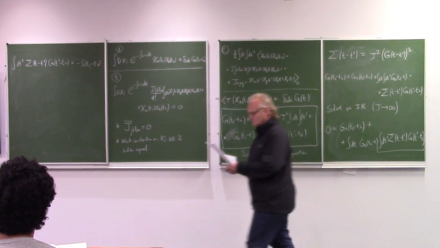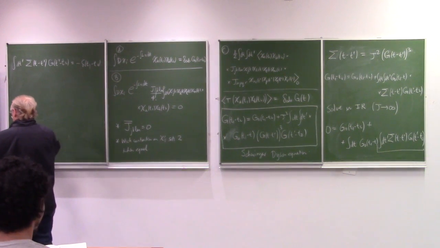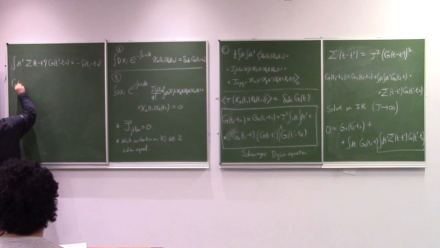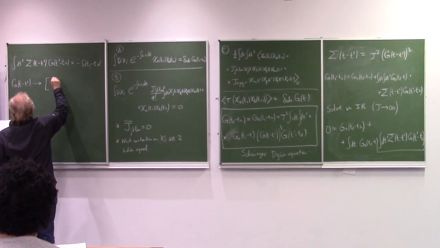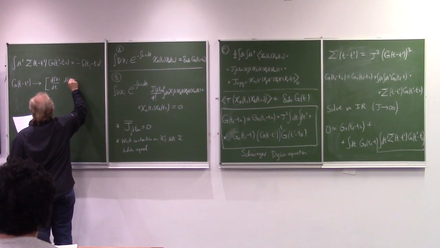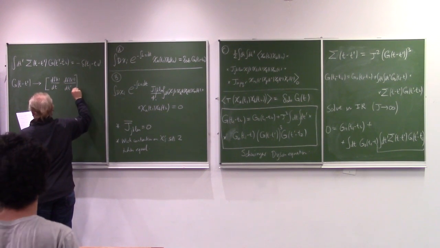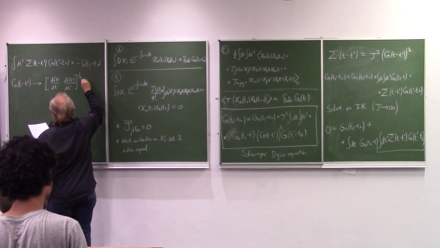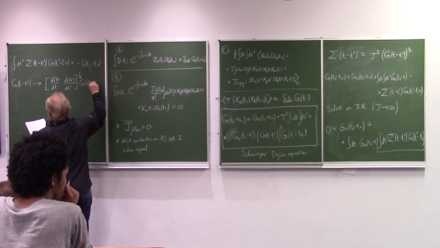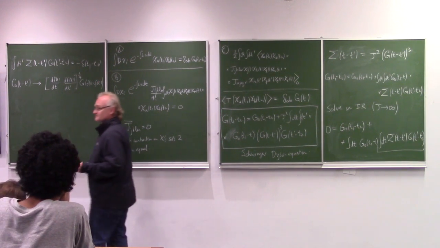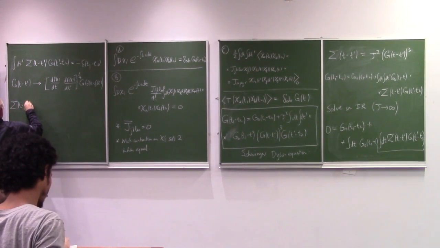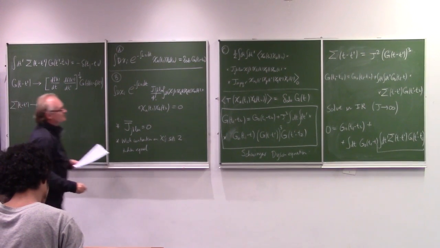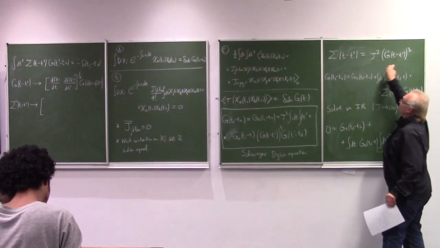What's the transformation? The transformation is the following. Take g of t minus t prime and replace it by f prime of t, f prime of t prime, to the 1/4, times g of f of t minus f of t prime, and replace sigma of t minus t prime by, now, sigma is g cubed.